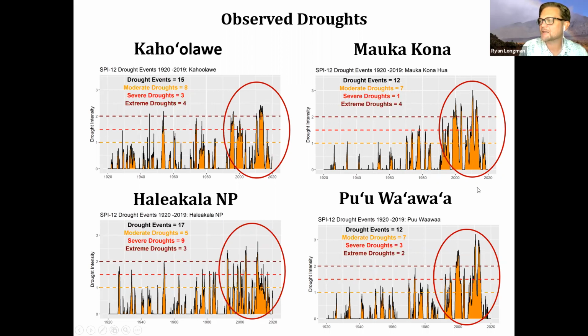The highest intensity in all four of these plots is occurring over the last couple decades, and we're seeing that the number of droughts for all of these places is increasing, just by looking at these graphs. So there is some evidence that droughts are increasing, and I'm seeing that really on this small scale.